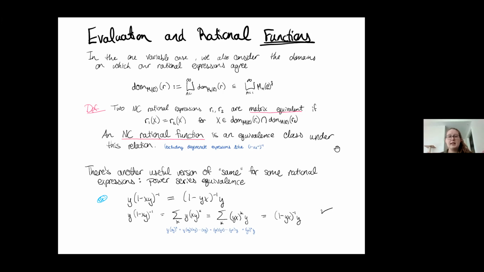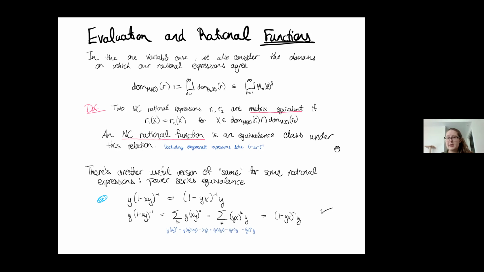So we'll say an NC rational function is an equivalence class under this matrix evaluation equivalence relation. And we're also going to exclude our degenerate cases like 0 inverse and (1 minus x x inverse) inverse. Anything that has the empty set as its domain, we're excluding.